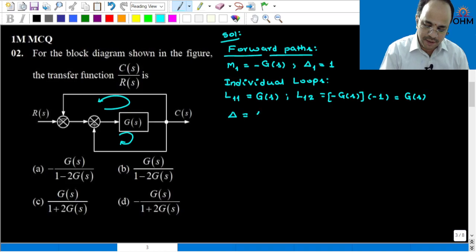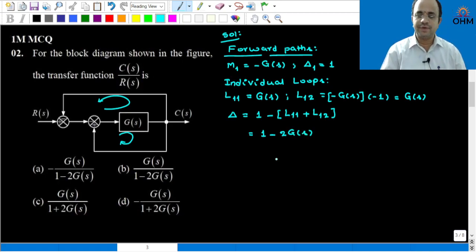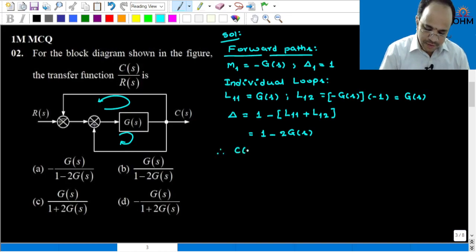Therefore, delta is equal to 1 minus (L11 plus L12). This is equal to 1 minus 2 into G of S. Therefore, the overall transfer function of the system C of S divided by R of S is equal to M1 delta 1 divided by delta.